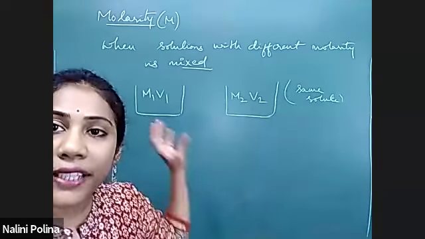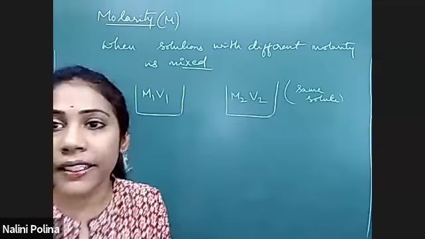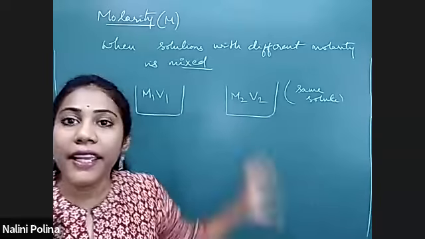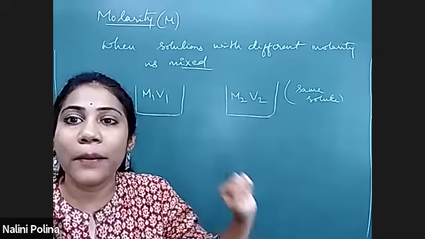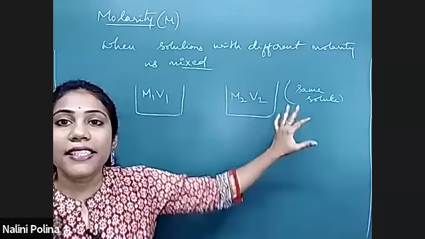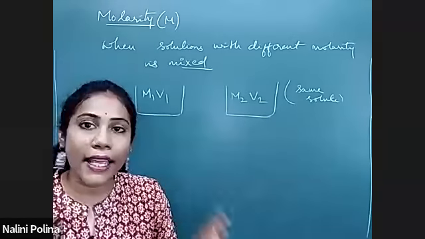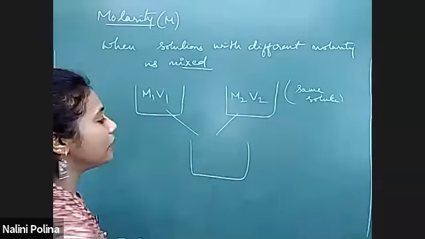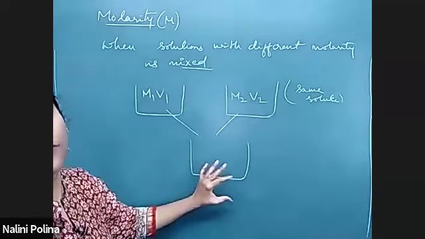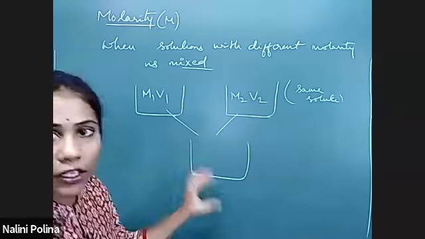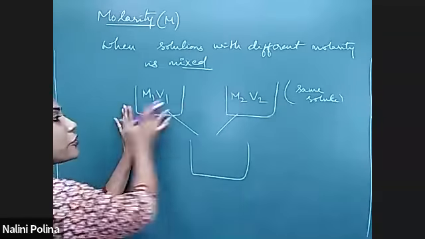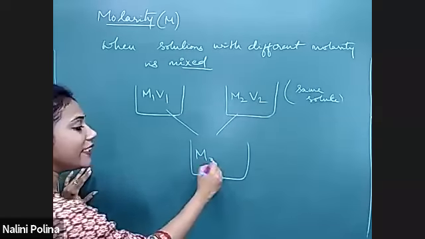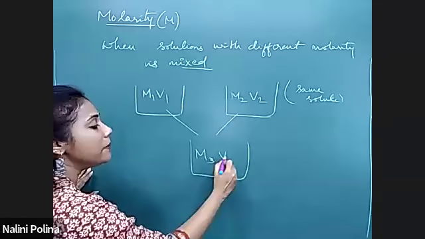The solute of the two solutions must be the same, then only you can use the formula that I am giving. So first solution having molarity M1, V1, second solution having molarity M2, V2. Now I will mix both of them, and the third solution which I got by mixing solution 1 and solution 2, that third solution's molarity is M3 and volume is V3.